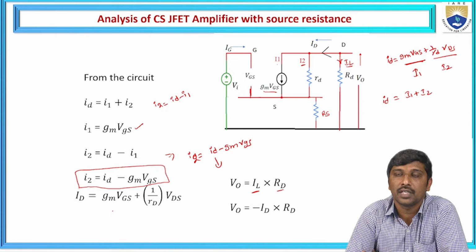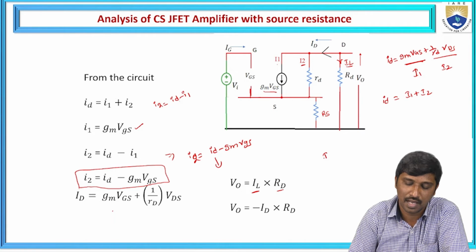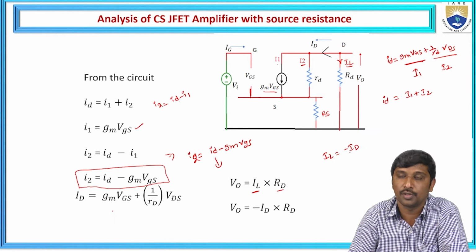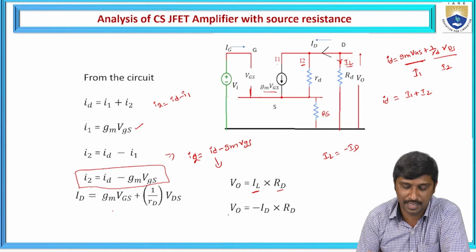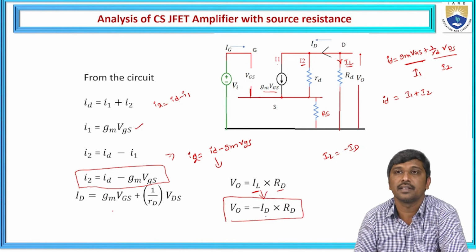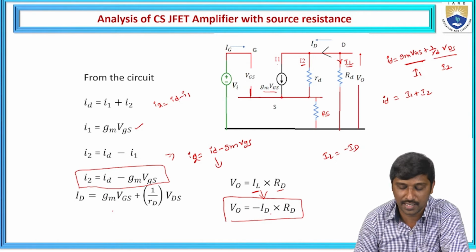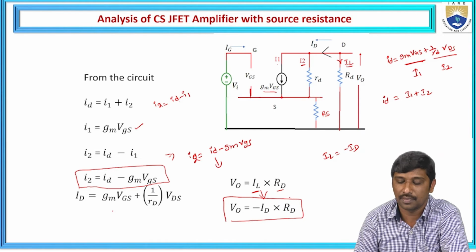But whatever drain current is generated, the same amount of current flows through the load in the opposite direction. Hence I take IL equal to minus ID, so V0 is represented with IL replaced by minus ID. Hence V0 is minus ID times capital RD.